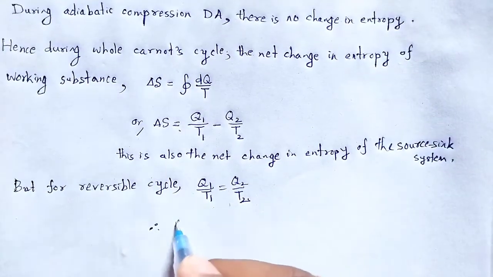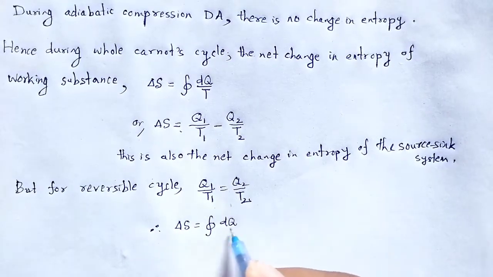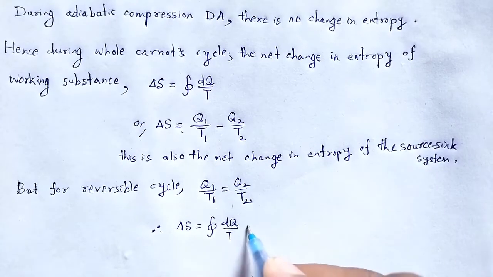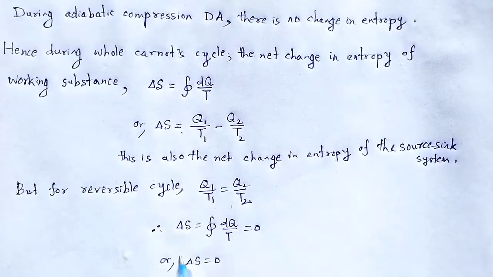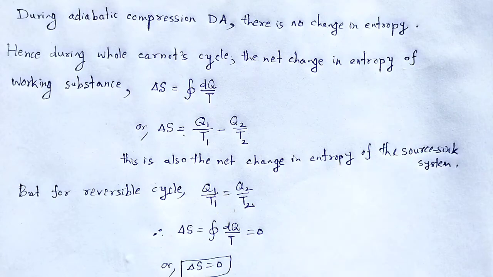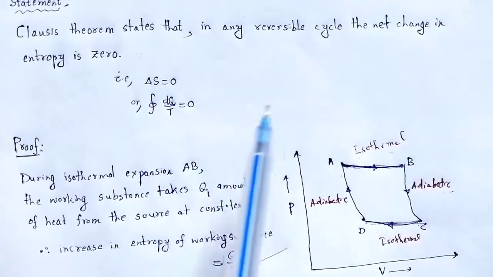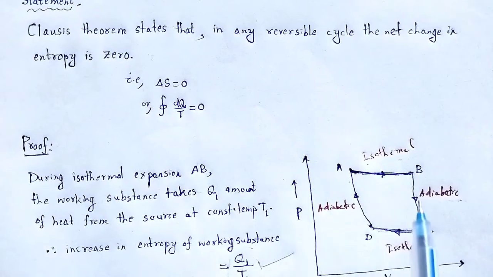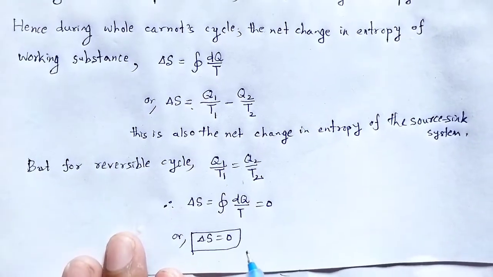Therefore the change in entropy del S, that is the closed curve integration over dq by T, is equal to 0. That is, the change in entropy in a reversible cycle is 0, as the statement indicates. We take a reversible cycle as Carnot's heat engine, the Carnot cycle, and prove that the change in entropy will be 0.